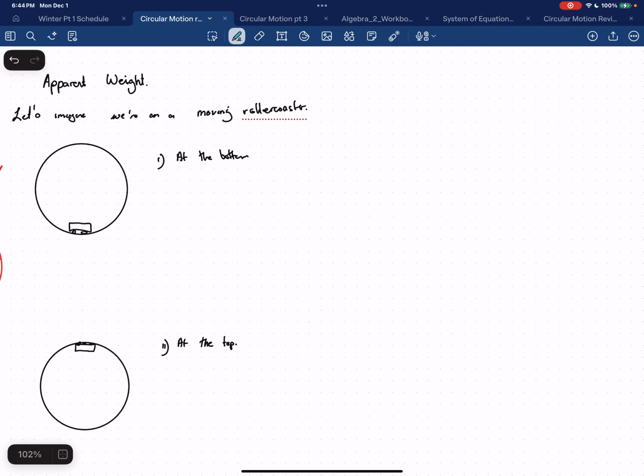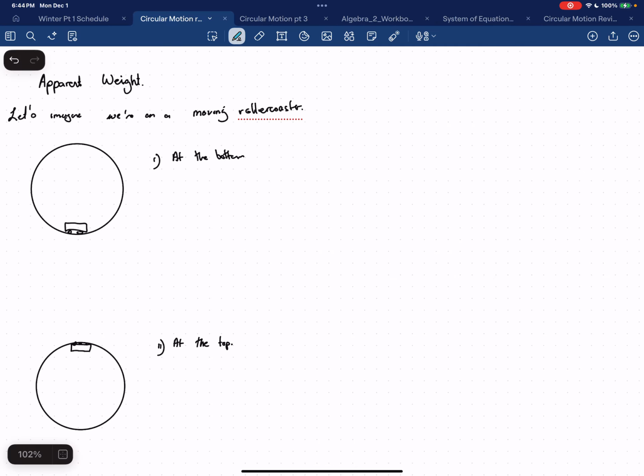All right. Now, apparent weight. Let's talk about this. Imagine I'm in a moving roller coaster. This is my roller coaster, and it's moving in a circular path at a constant velocity.